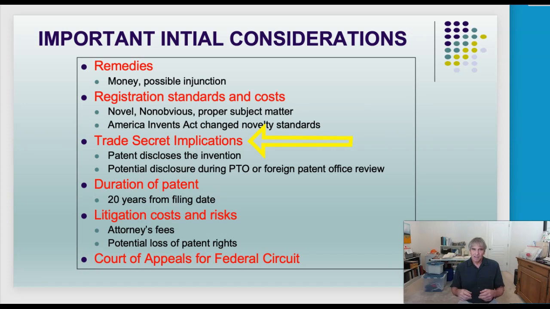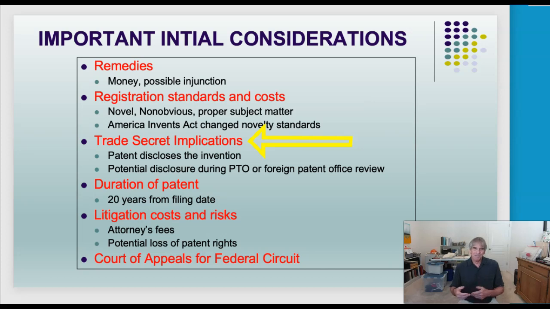Okay, as we go through the IP options to protect new innovations, we will learn that sometimes you have to make choices. For instance, one of the bargains you have to make in exchange for patent protection is to disclose the important aspects of your invention to the public, which obviously precludes the option to pursue trade secret rights.